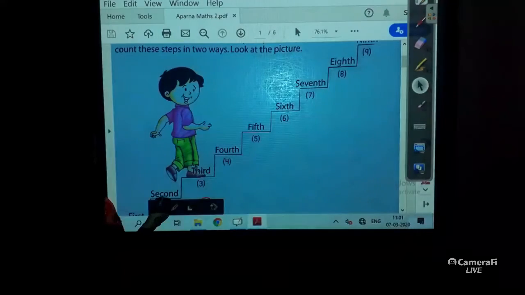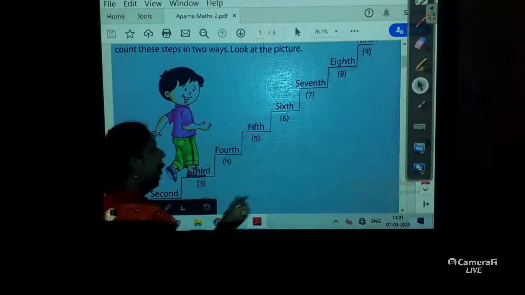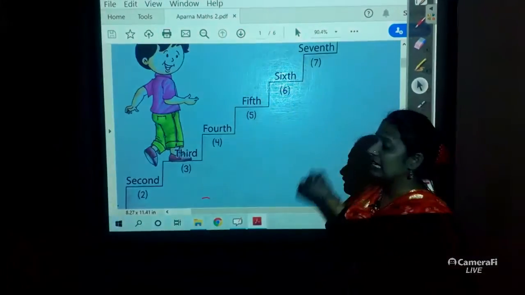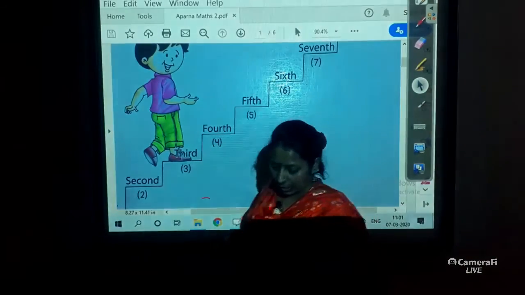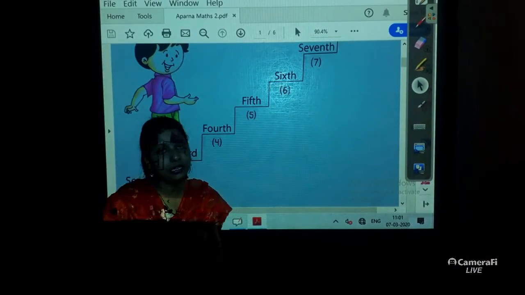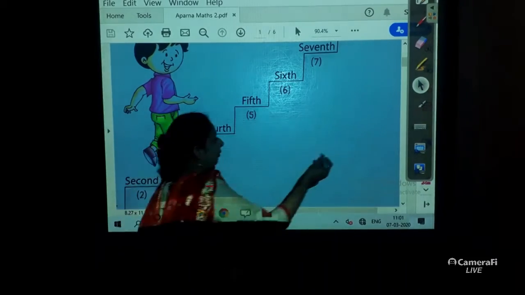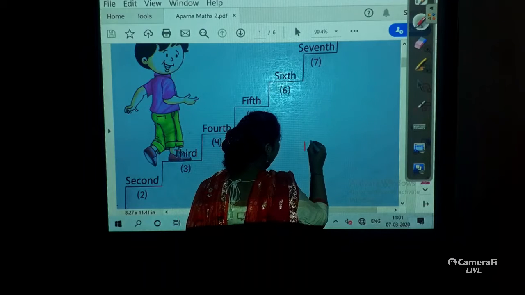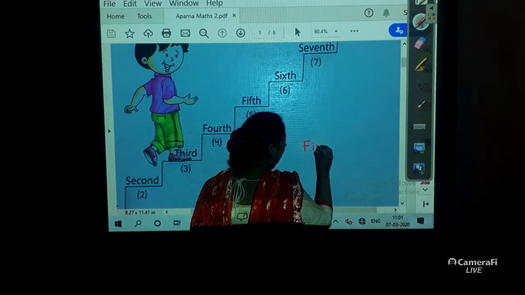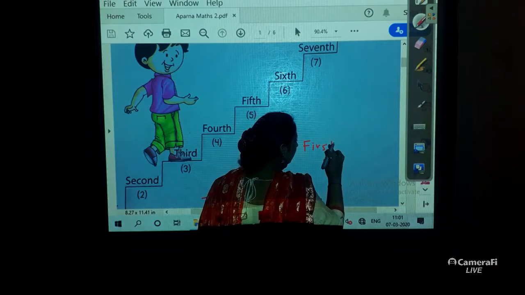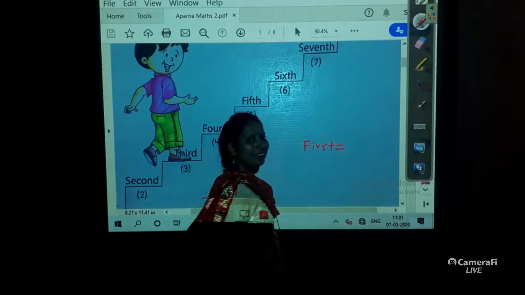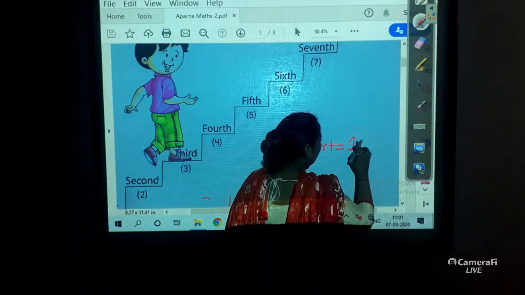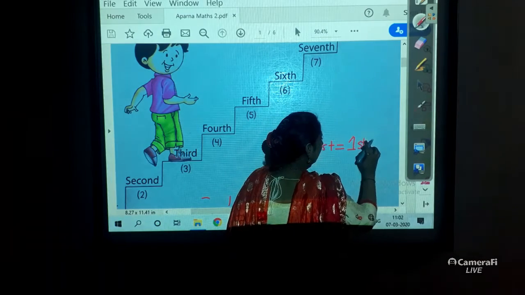So here you can see that first, second, third, fourth, fifth, sixth, these are ordinal numbers. We can write it like this also. Suppose I am writing first, F I R S T. But here I can write it like this also, 1st.